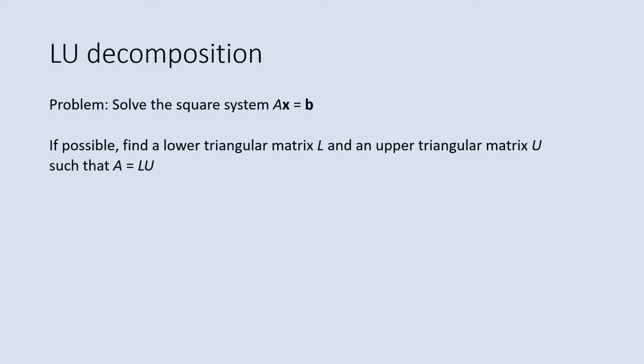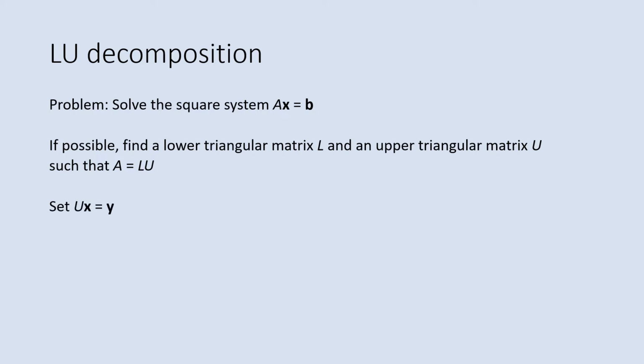We do the Gaussian elimination steps to create the matrix in echelon form and keep track of the steps that got us there, and we can then construct both the matrix L and the matrix U.